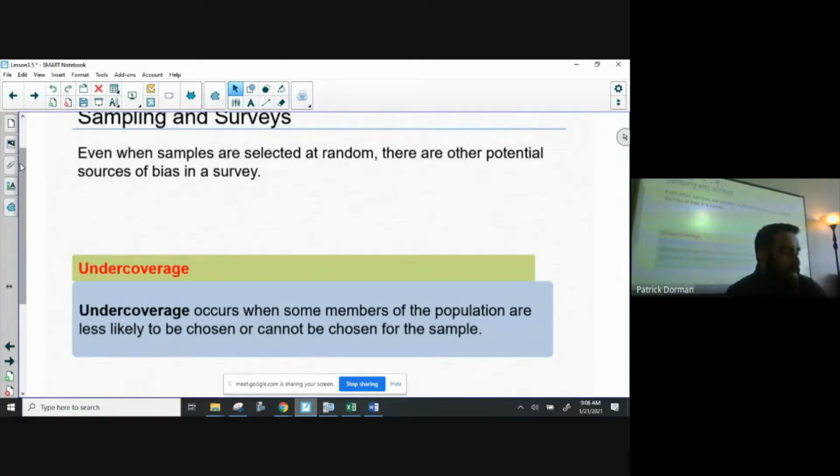If they received a survey via email, you would probably not get a response. So your method of sampling would lead to an undercoverage of maybe your elderly population, or senior population, I think is the proper term these days.